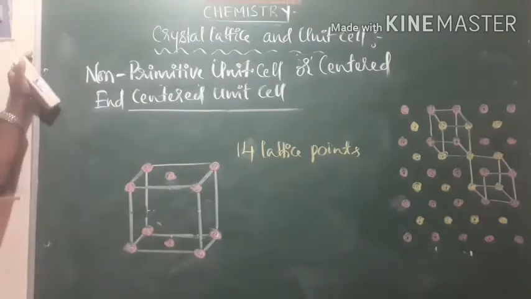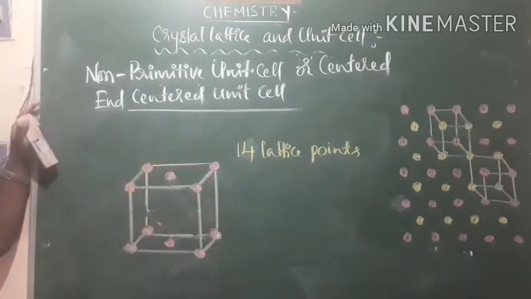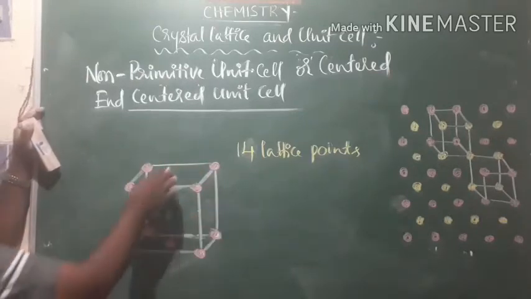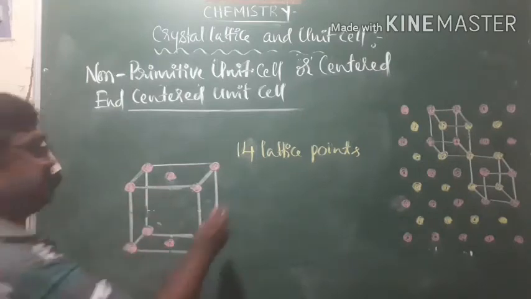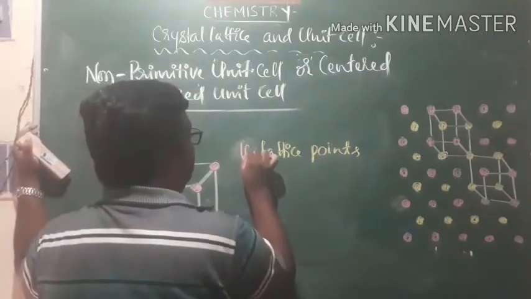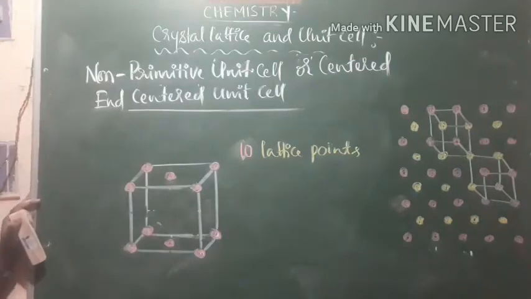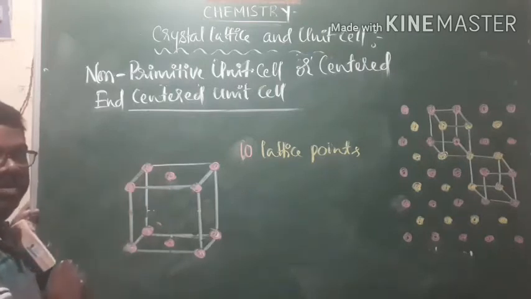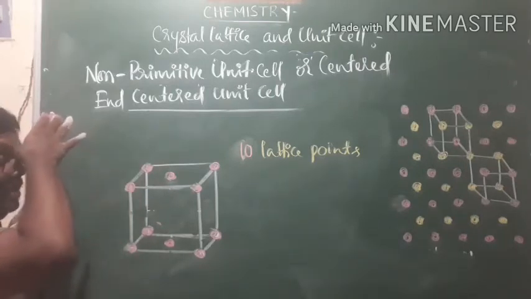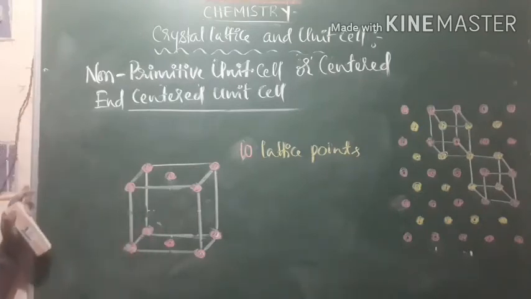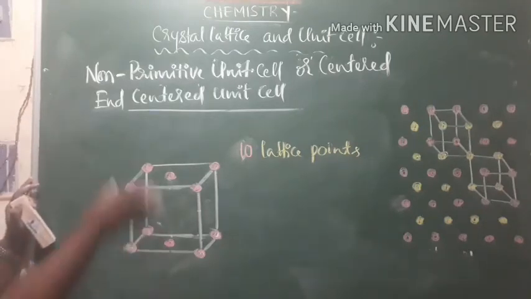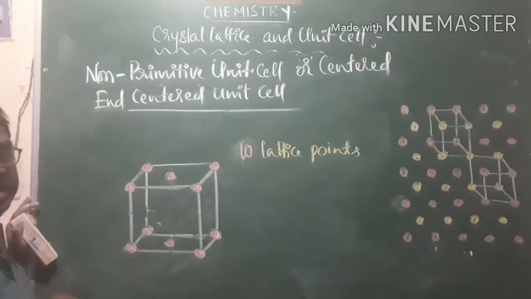At the corners you have 8 particles, 8 lattice points. At the center of any two opposite faces, there are 2. So how many lattice points are there here? There will be 10 lattice points required for the construction of an end-centered unit cell. This is another way in which the particles are distributed in a given unit cell, and that is what we call an end-centered unit cell.